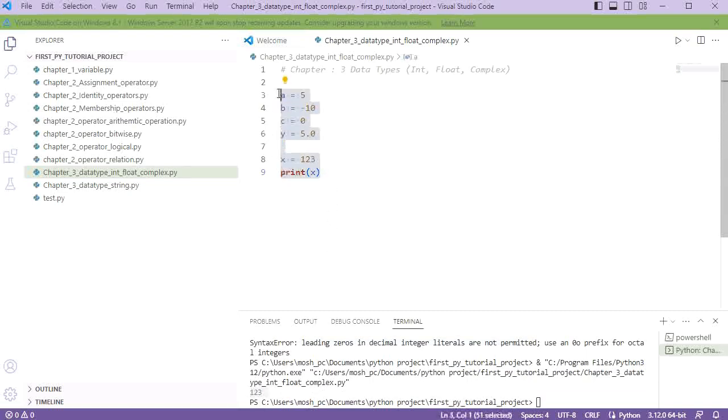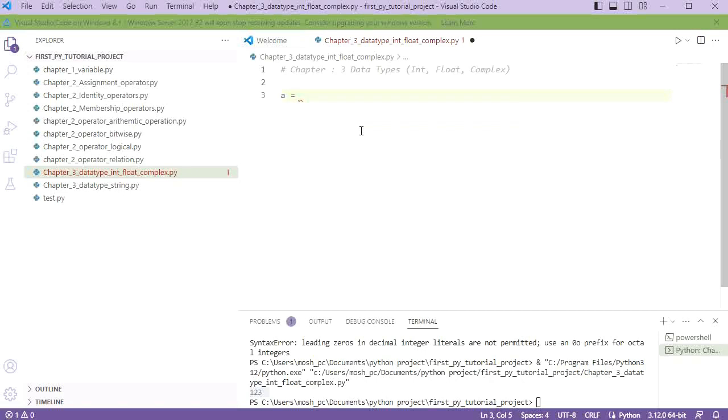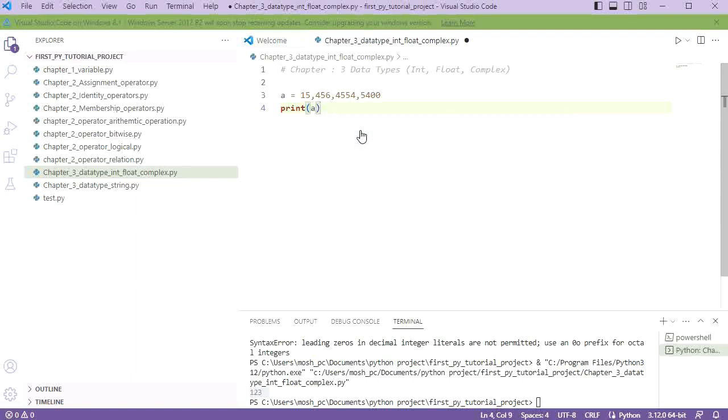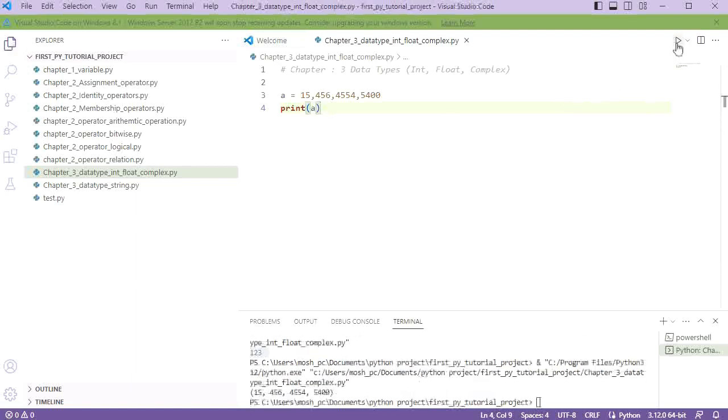The second thing is, Python does not allow a comma as a number delimiter. For example, remember this output, and now we will use an underscore.